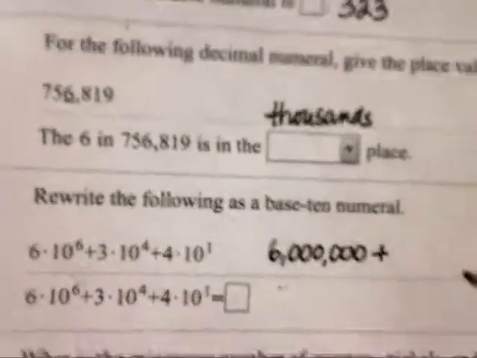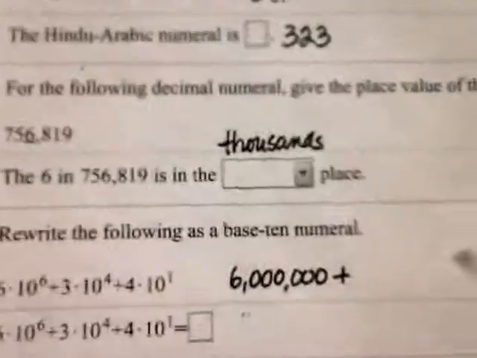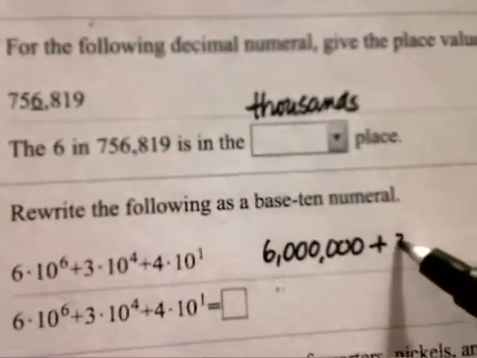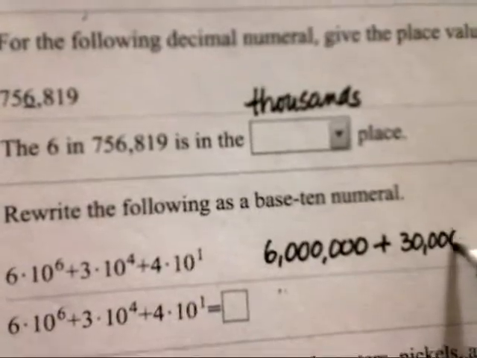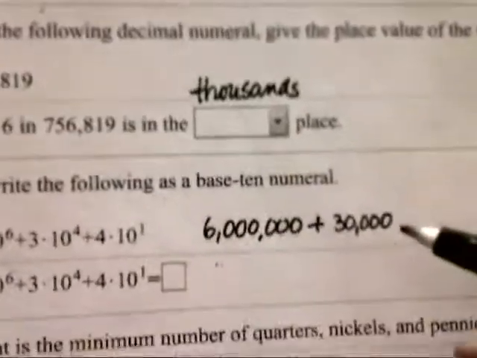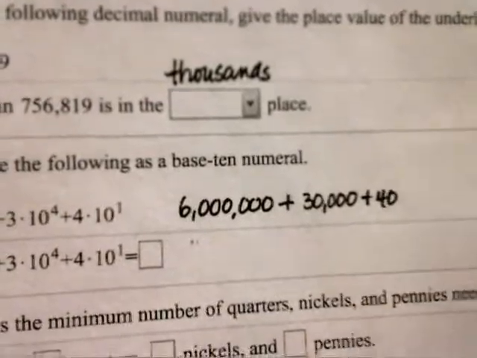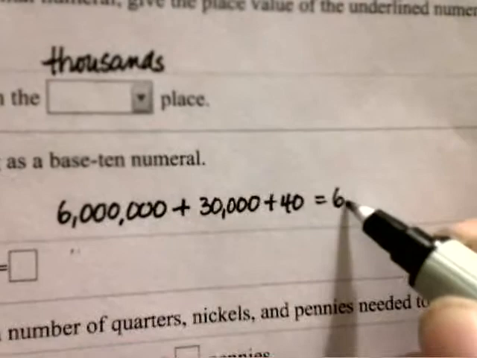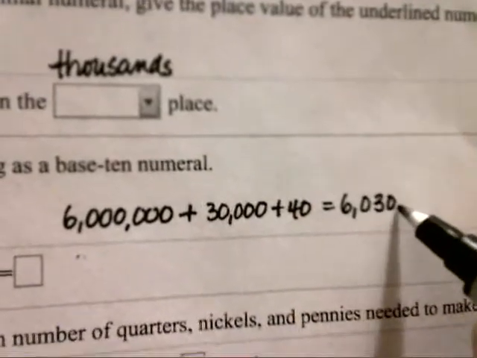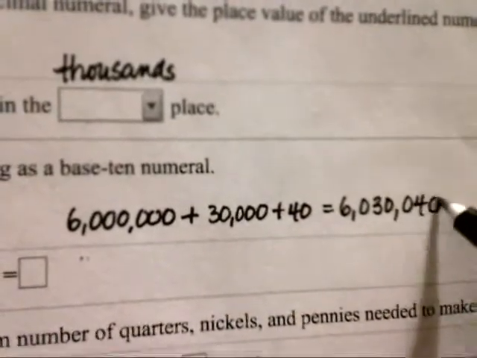Then I'm going to add to it 3 times 10 to the 4th, which is 30,000. And then 4 times 10 to the 1 would be plus 40. So if we add these numbers together, you'll get 6,030,040.